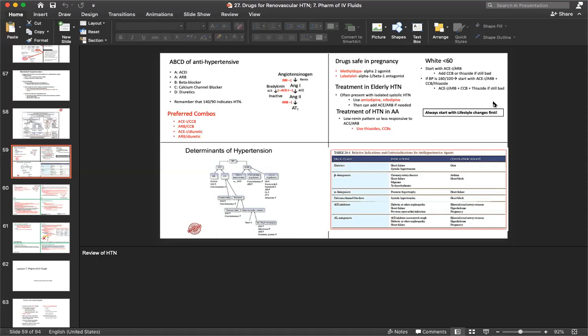And then add all three if it's still bad. Always, before you do anything, start with lifestyle changes. And make sure you check more than one blood pressure to be able to diagnose hypertension. And so here's some contraindications for some of this stuff.